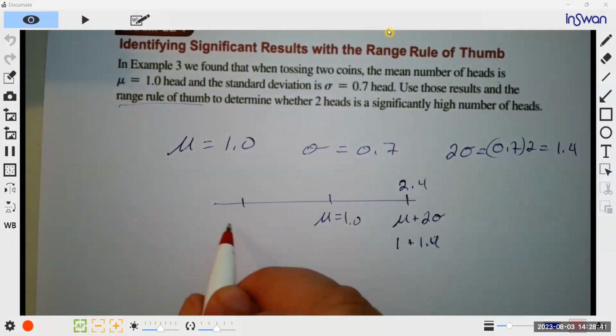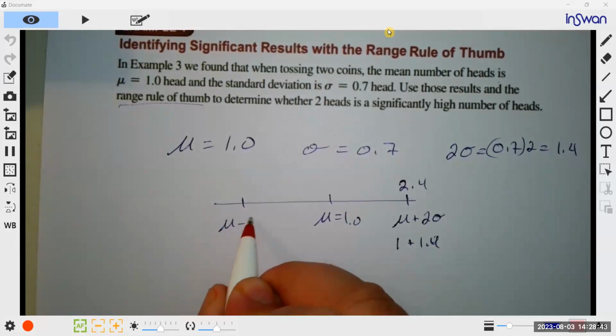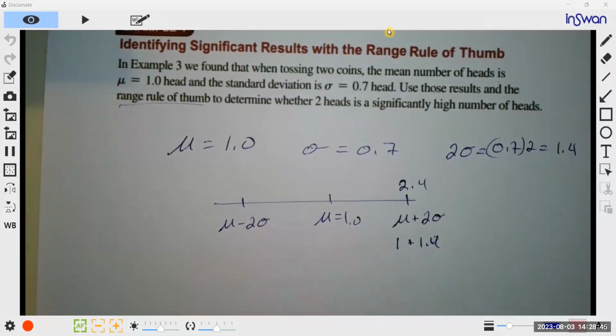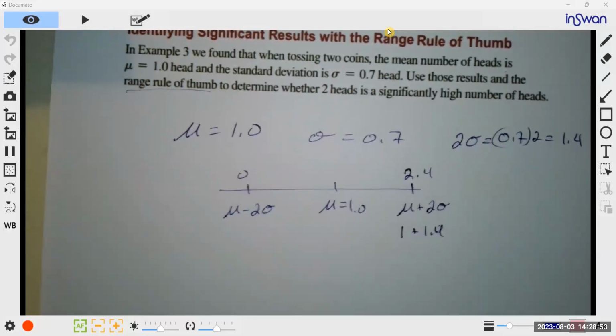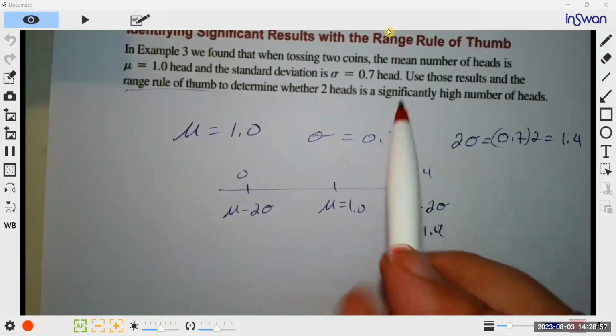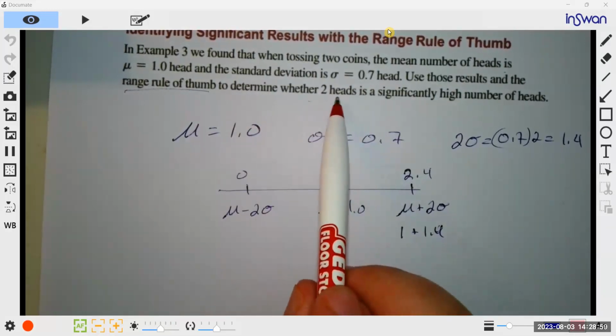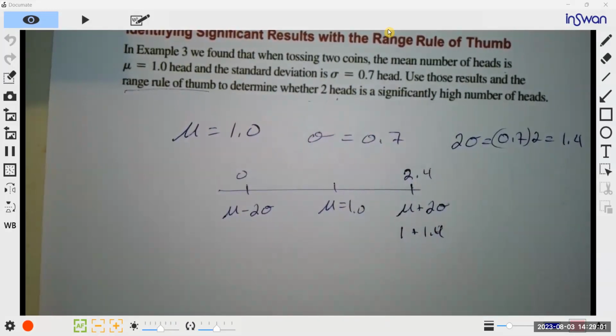And then mu minus 2 standard deviations. So 1 minus 1.4 makes it negative 0.4, so we stop at 0, because you can't have a negative value here. So what it's saying here is determine whether 2 heads is significant.